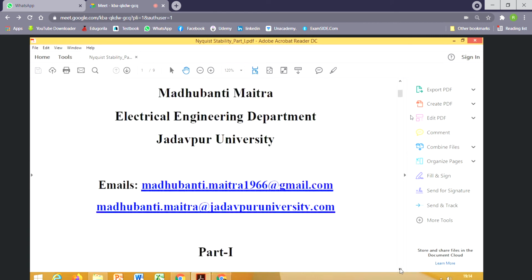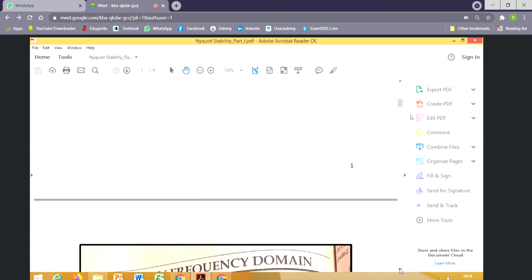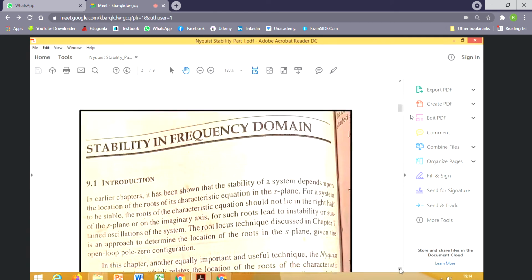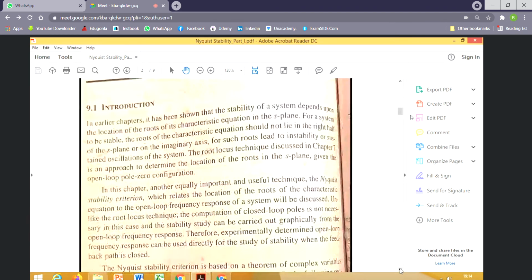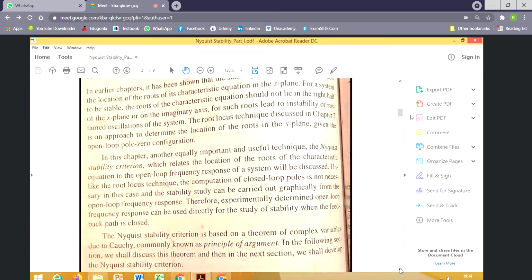Now, already we have discussed that the stability of a system is dependent upon the locations of the roots of the characteristic equation on the S plane. Now, if all the roots of the characteristic equation, or in other words, all the closed loop poles of the system, are in the left half of the S plane, then the system will be absolutely stable.